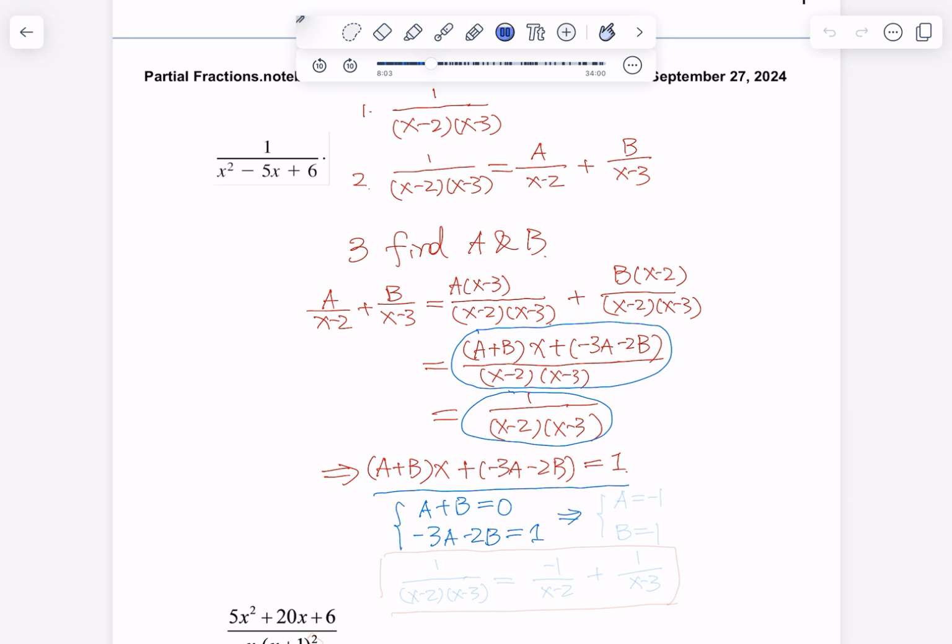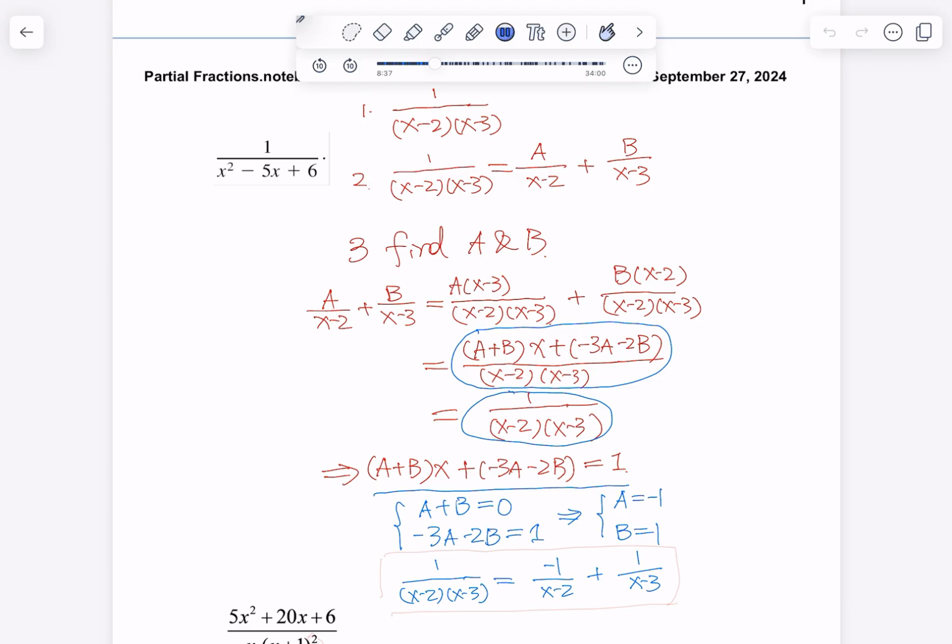And solve this linear equation, you will have a equals minus 1, b equals 1. And this indicates that the original rational function, 1 over x squared minus 5x plus 6, can be decomposed into the summation of minus 1 over x minus 2 plus 1 over x minus 3.